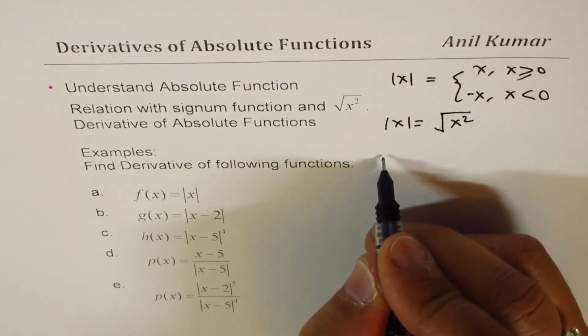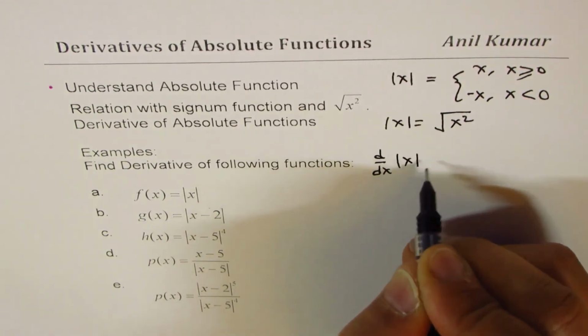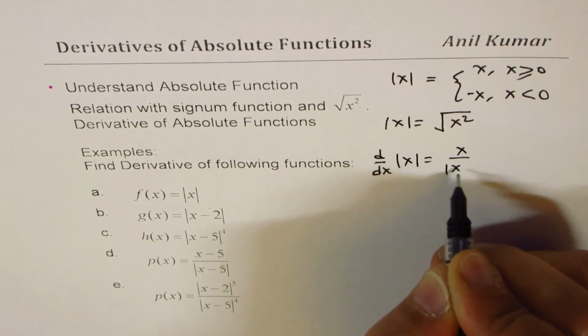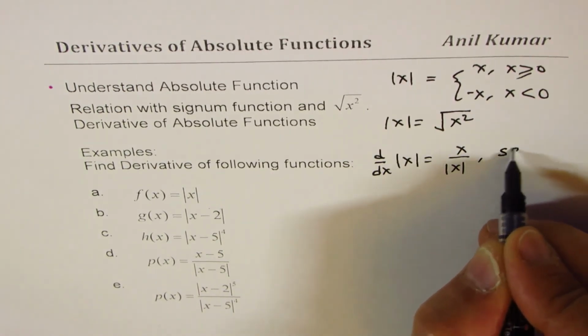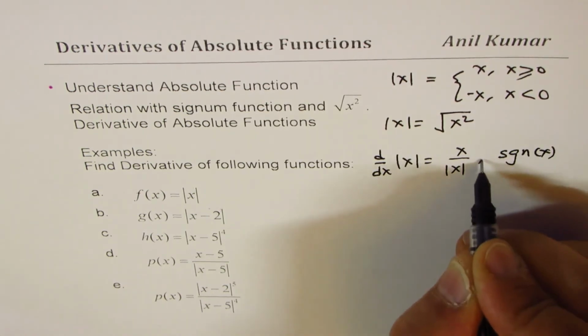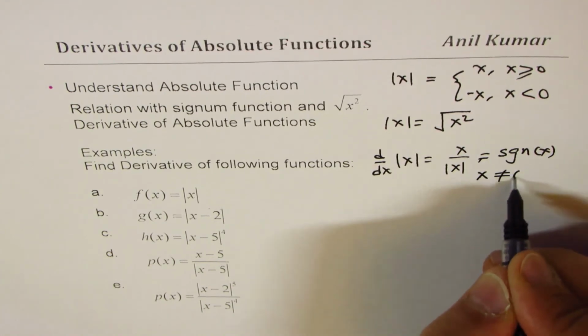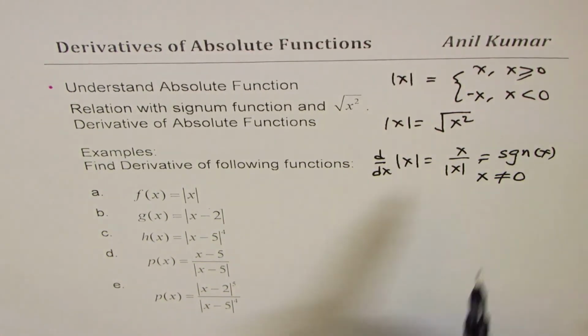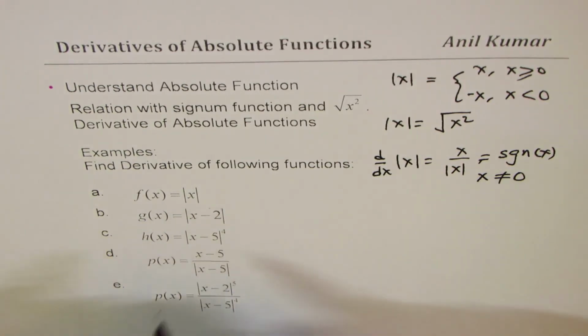We found that the derivative d dx of the absolute value of x is x over the absolute value of x, or signum x, let me write here, where x is not equal to 0, correct? So that was the derivative. So this derivative was written here.